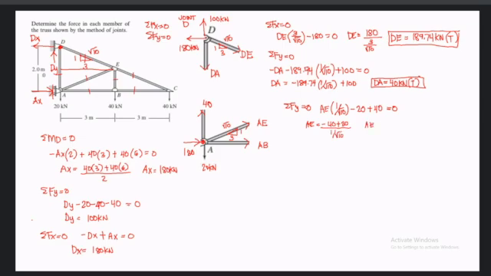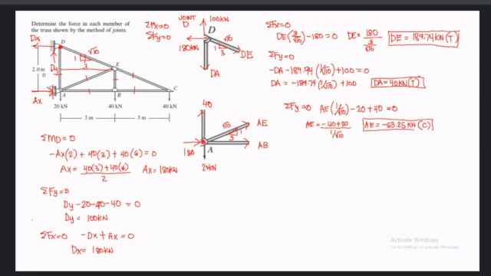So this is your AE, 20 square root of 10, sorry. So this is negative 63.25. Okay, a negative answer came out, which means our assumption of tension was wrong, so it will become compression.